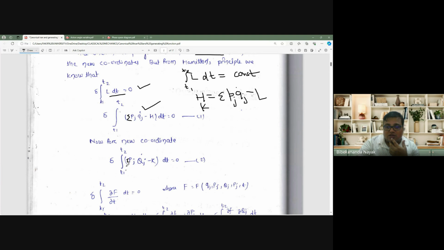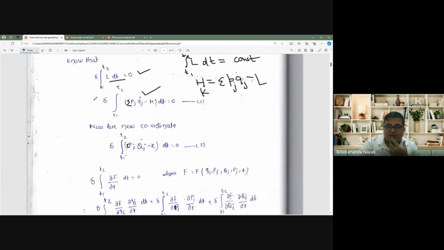So delta of the integral of summed over Pj Qj dot minus K is equal to 0. Both right-hand sides are 0, so we can combine these two.